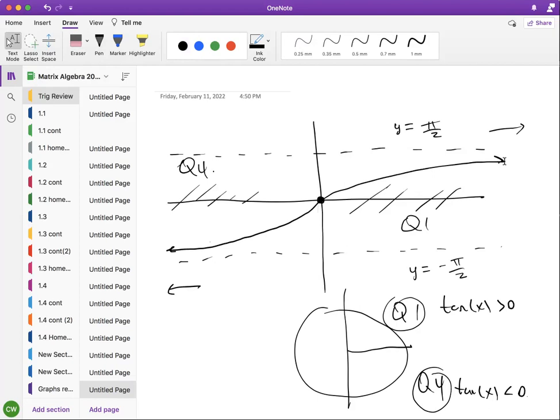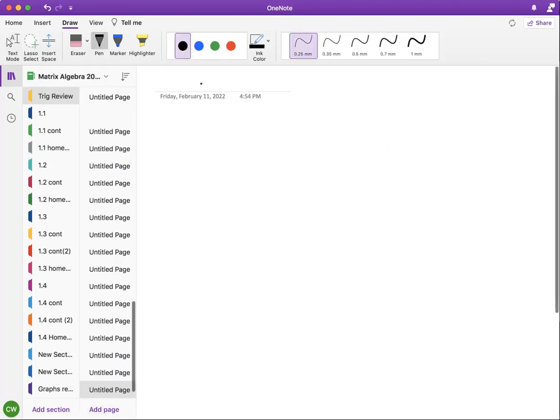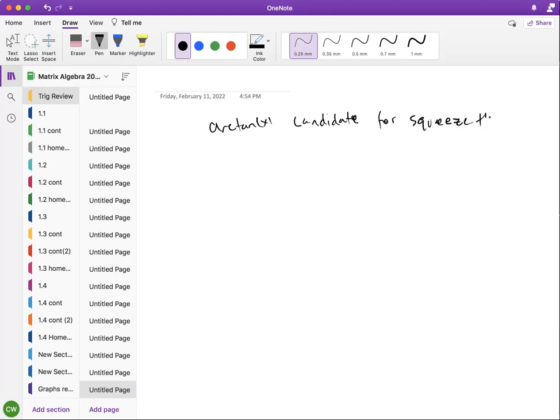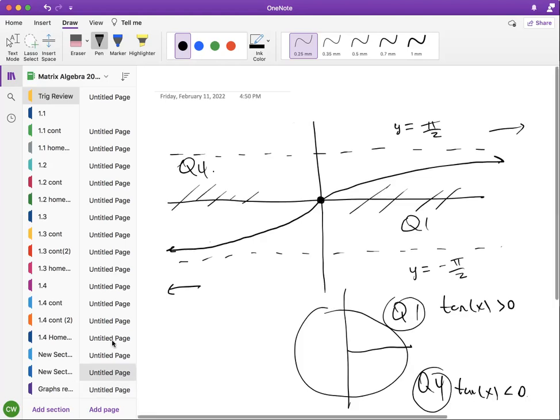So this is arctan. What's nice about arctan is that it's actually a candidate for the squeeze theorem, because of this nice limiting property around pi/2.